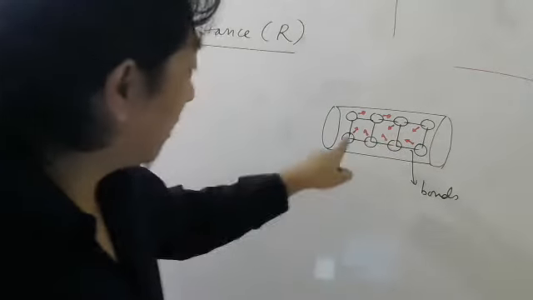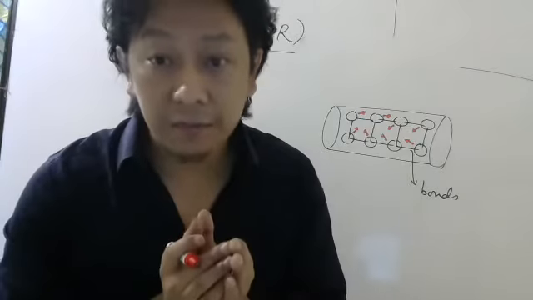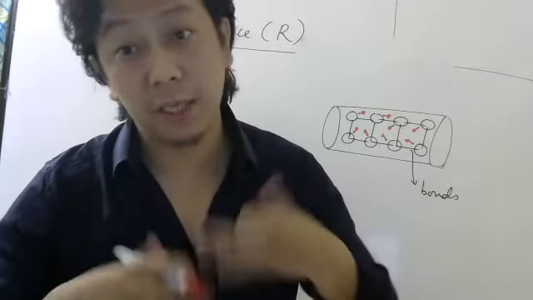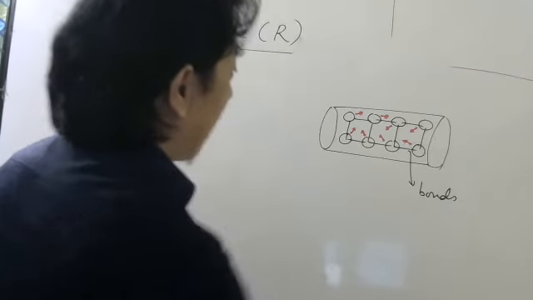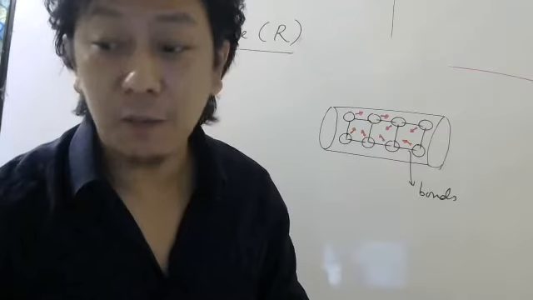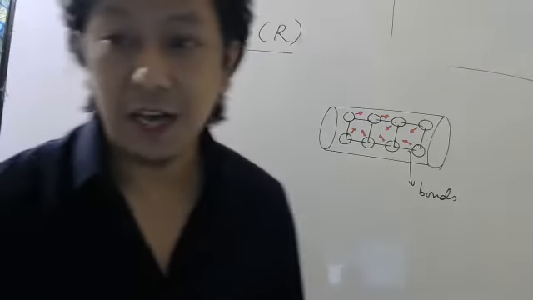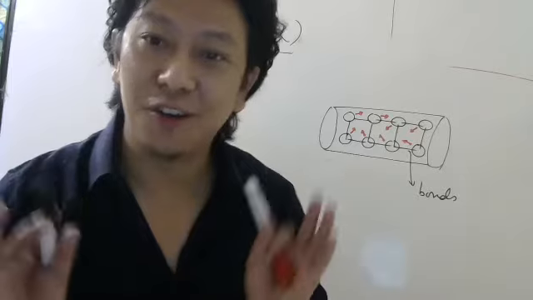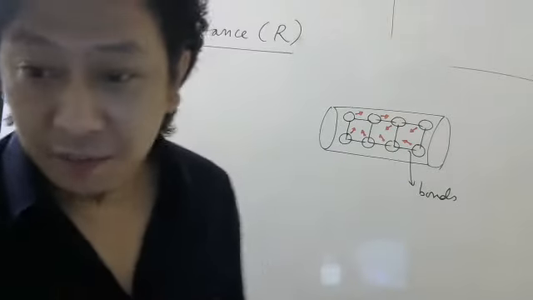Sometimes the atom may give one electron, sometimes it may give two electrons, depending on the kind of material. Once this atom loses its outermost electron, will it become positively charged, negatively charged, or stay neutral? It will become positively charged.